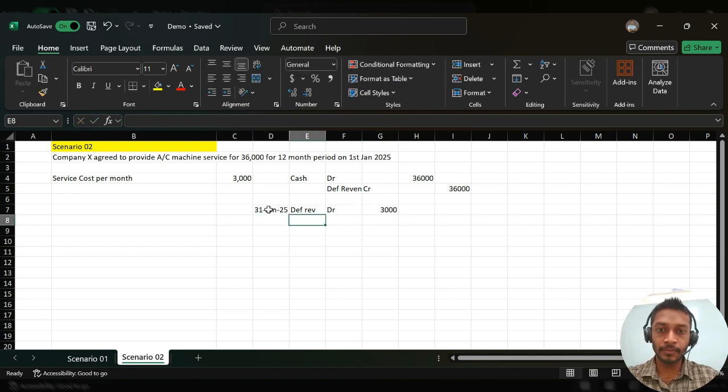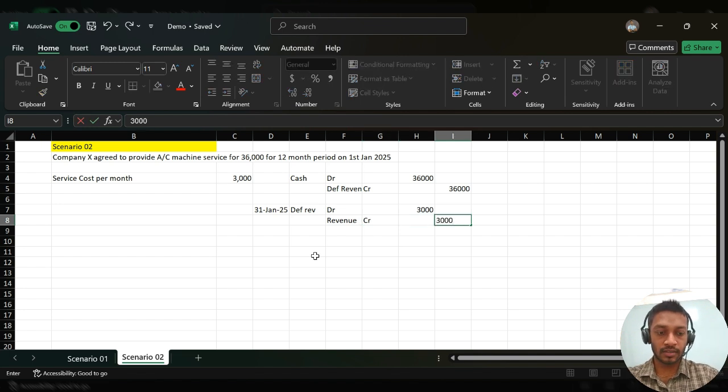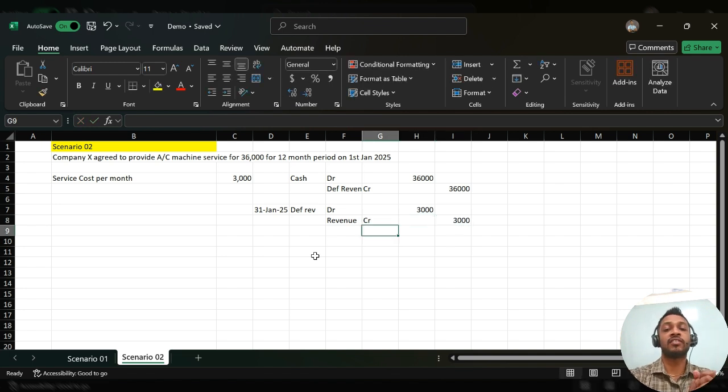3,000, and you can identify revenue. You can transfer that value to the P&L account once your period is done, 3,000, and 33,000 remains to be identified as revenue.